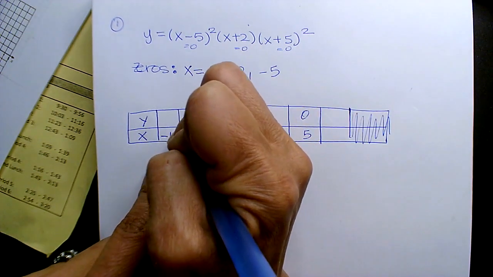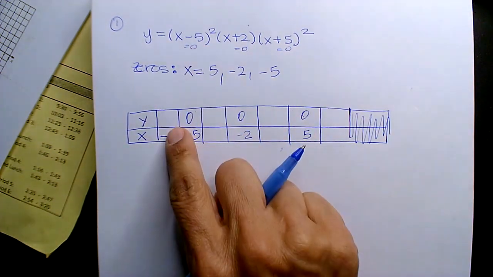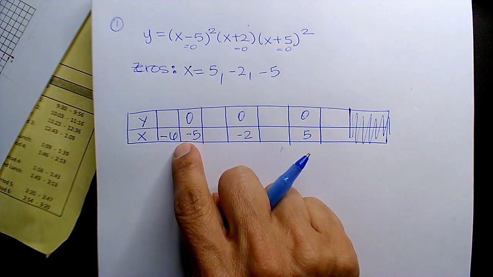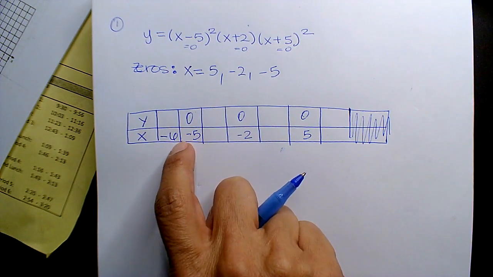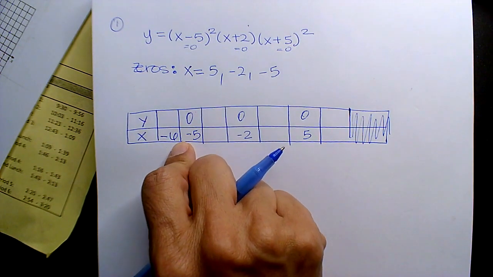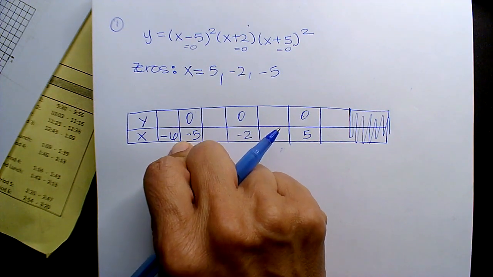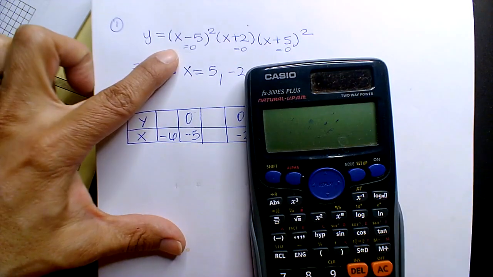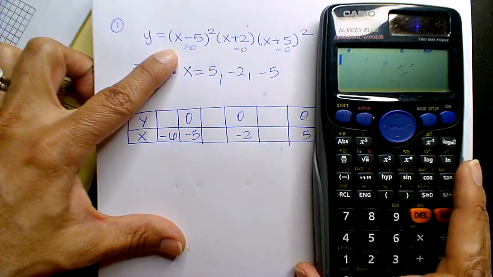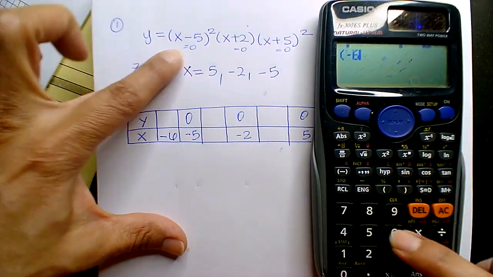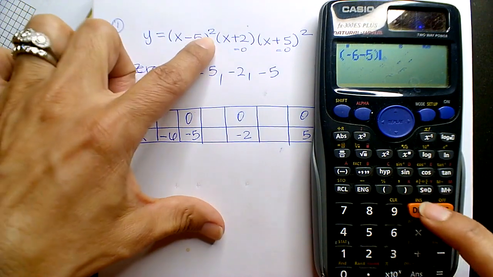Negative 6. And remember, when we plug this in, if the number is really large or really negative or really positive, we can go negative 5.5 or negative 5.2. We can pick a number that's a little closer to our little grid. Okay. All right, so if I substitute negative 6, I get negative 6 minus 5 squared.